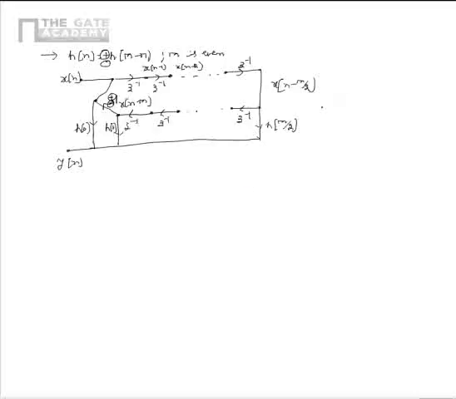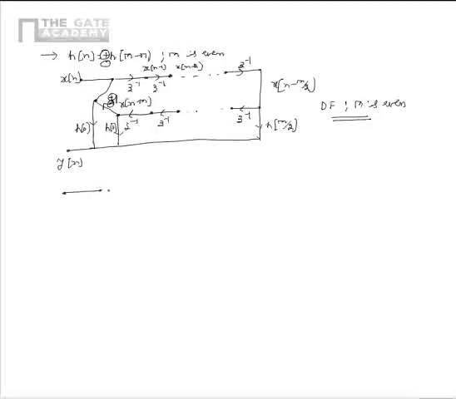Also, please note that the filter structure that we realized just now is equivalent to the above equation, and this is called direct form implementation, where m is an even integer. So the structure that we realized just now is specific to the case of m being an even integer.